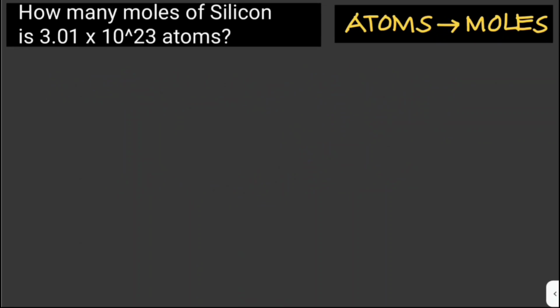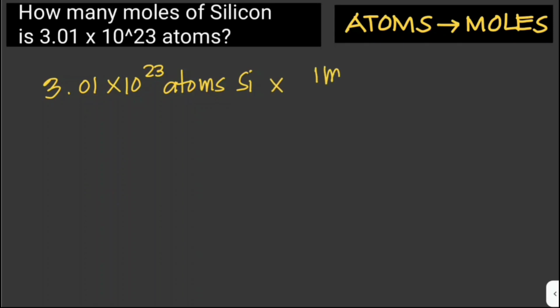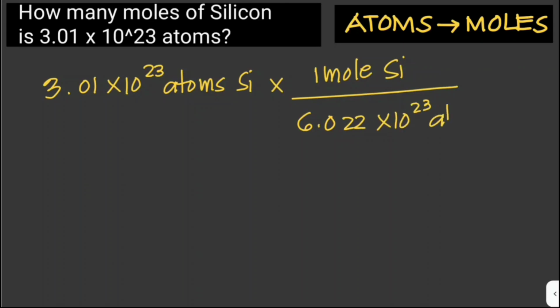Okay, let's solve this next problem here. How many moles of silicon is 3.01 times 10 to the 23rd atoms? So we're given here the number of atoms, and we convert this into moles. So this would be 3.01 times 10 to the 23rd atoms of silicon times 1 mole of silicon is just equivalent to 6.022 times 10 to the 23rd atoms silicon.